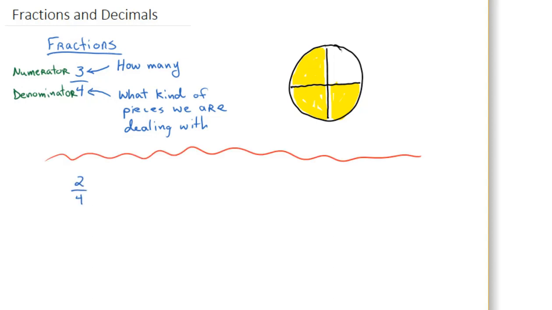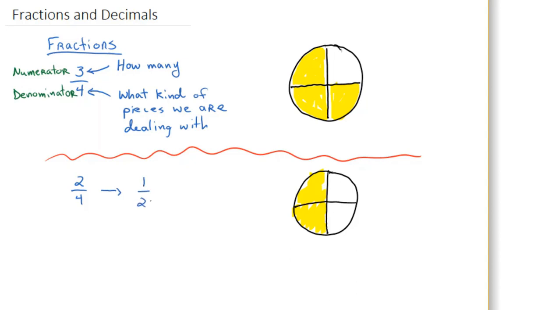Alright, now let's say we have 2/4. Again, thinking in terms of my pizza, you could probably visualize that in your head. You have a pizza, it's cut into 4 big giant, New York style pizza slices, and you have 2 of them. Visually you can see that is the same as saying you have half the pizza.